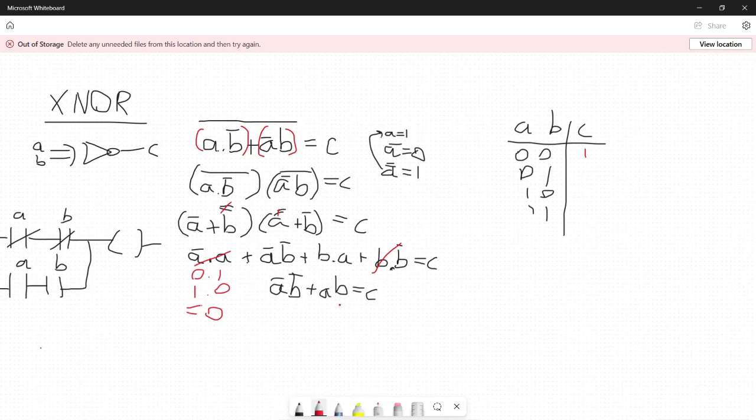Now, if we were to say 0 and 1, well, we know that that must be 0. That'll be 1. That'll be 0. So, therefore, that'll be equal to 0. And then this way, well, one of them is 0.